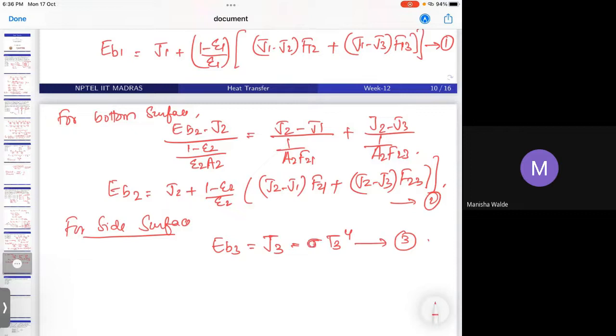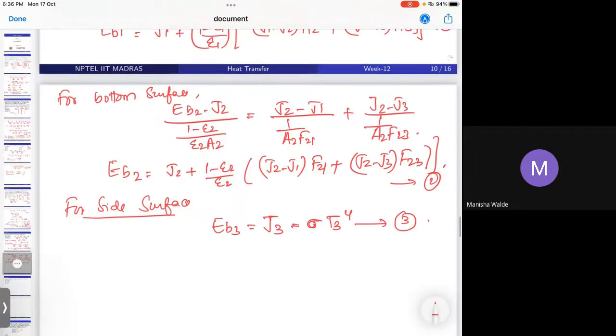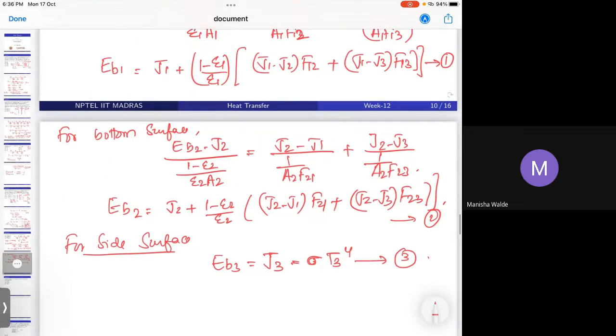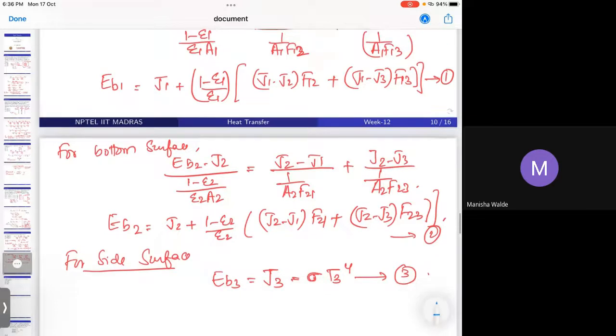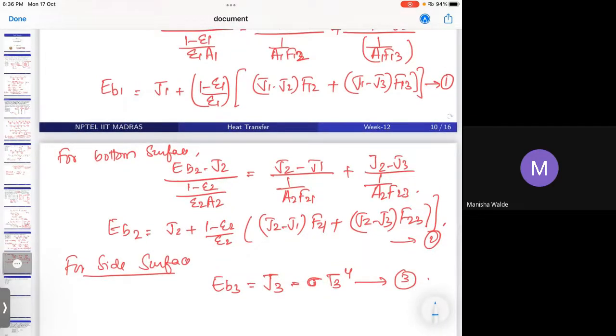So now our task is to find J1, J2, and J3. For that, we need to solve this set of equations. I'm not solving this right now. EB1 we know, that is sigma T1 raised to 4.